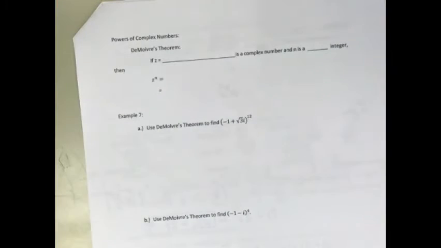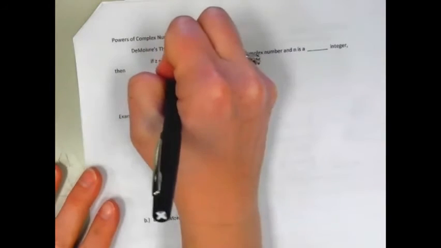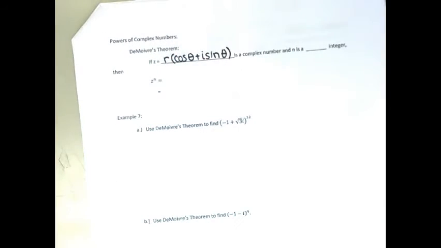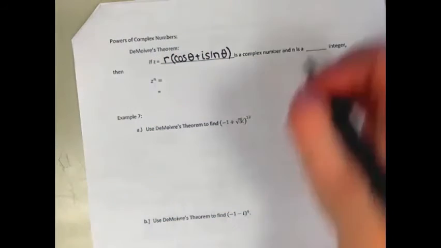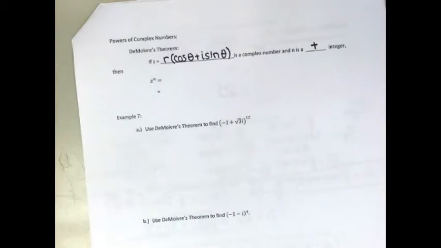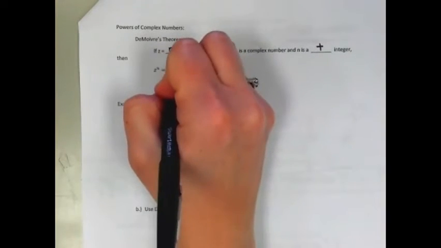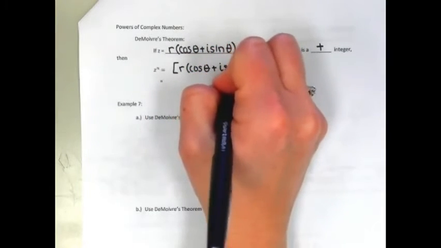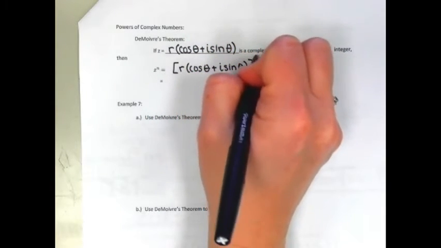All right, powers. So where it gets a little more complicated here. Algebraic theorem. If z equals r times the cosine of theta plus i sine of theta is a complex number and n is a positive integer, then z to the nth power is equal to r times the cosine of theta plus i sine of theta raised to the nth power.